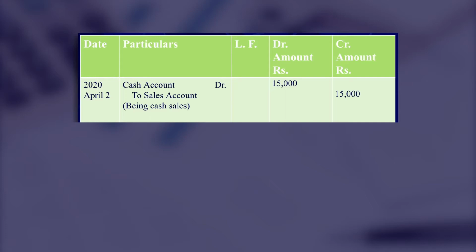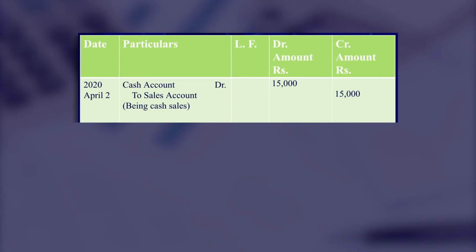Here we will apply the rationale of the real account and nominal accounts. As per the rule of the real accounts, debit what comes in and credit what goes out. Here in this transaction cash is coming in, therefore cash account must be debited, and sales being a revenue belongs to the nominal account.